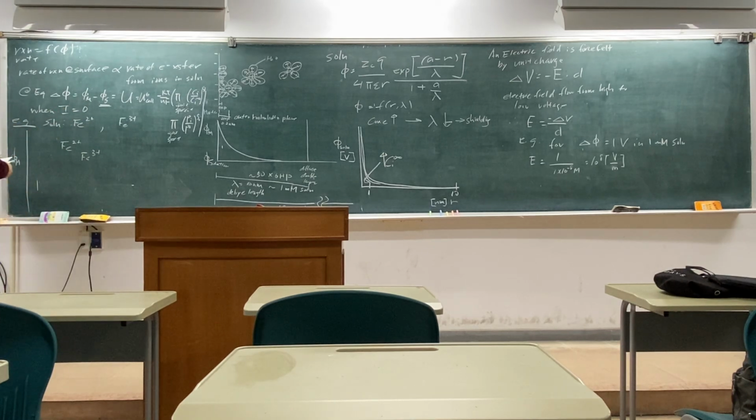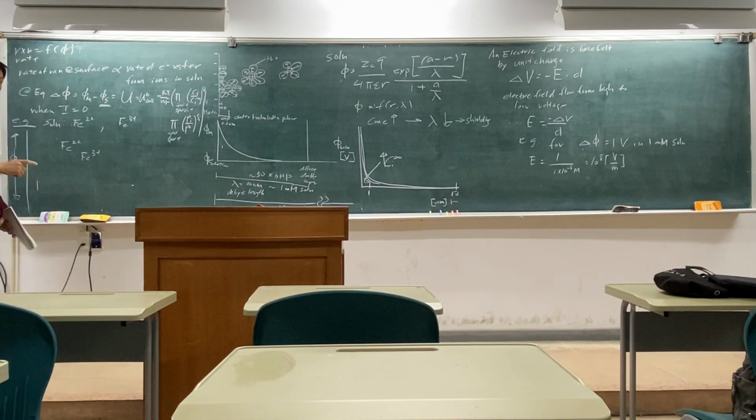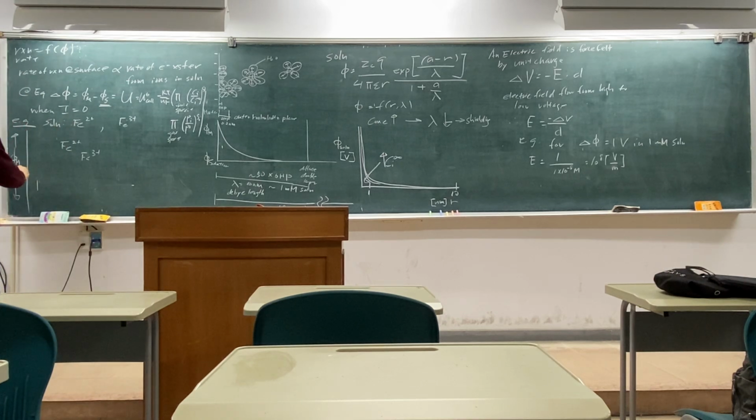We can increase or decrease the potential. This has an equilibrium potential or open circuit potential, that's U, related to these ions.